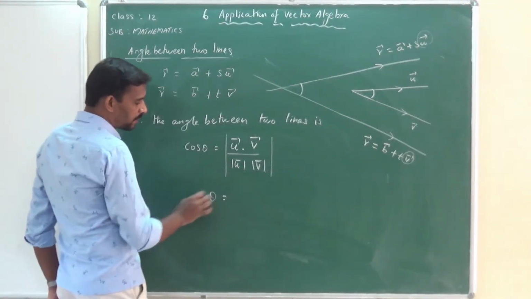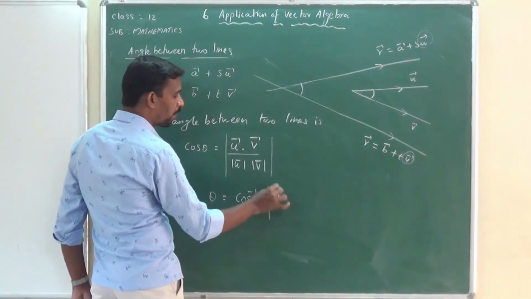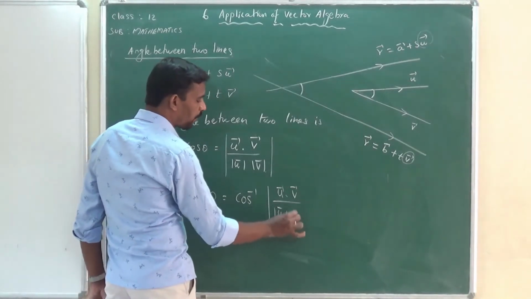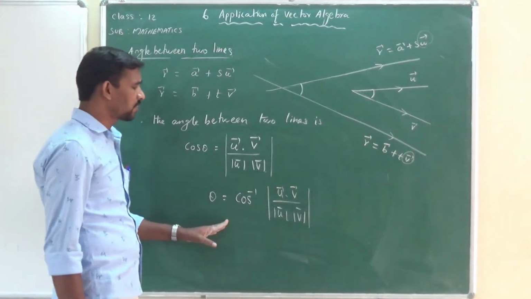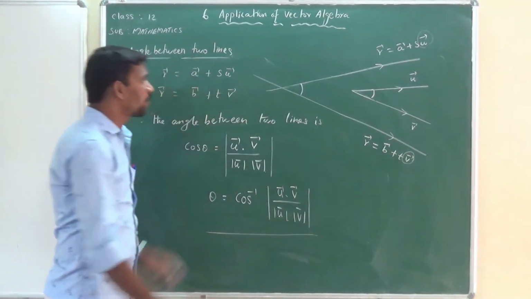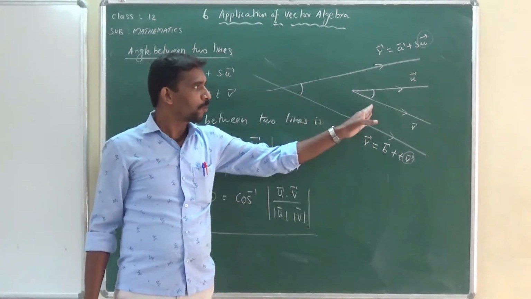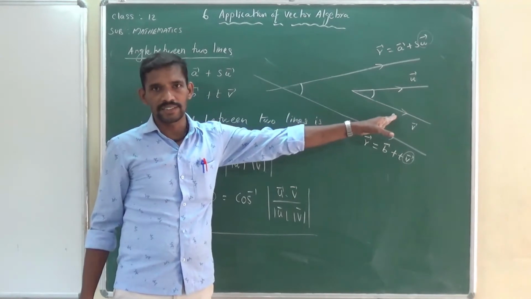Then theta equals cos inverse of modulus of u dot v divided by magnitude of u times magnitude of v. This is the formula for the angle between two lines. We can't find it directly, so the angle between two lines equals the angle between these two parallel vectors.